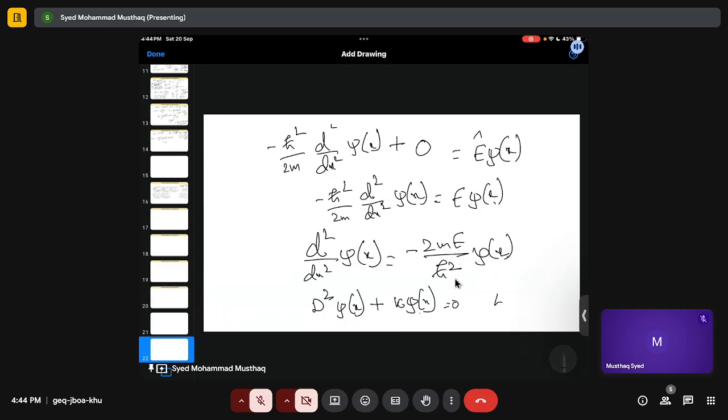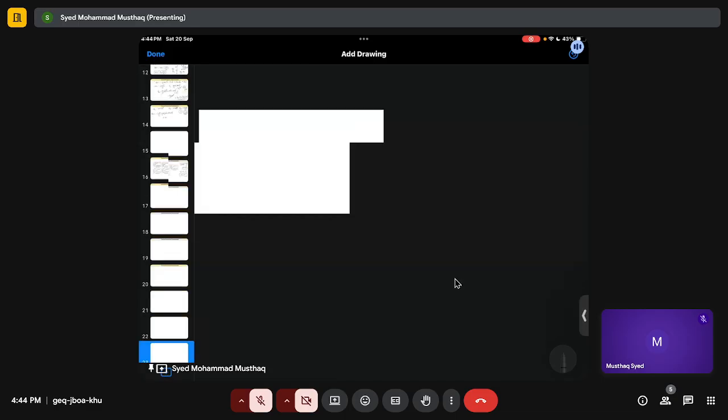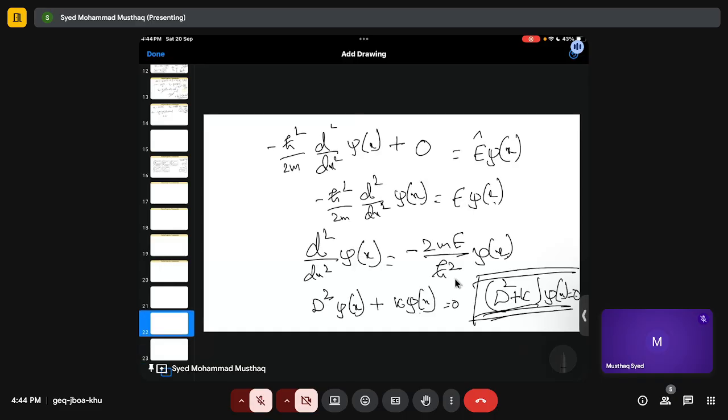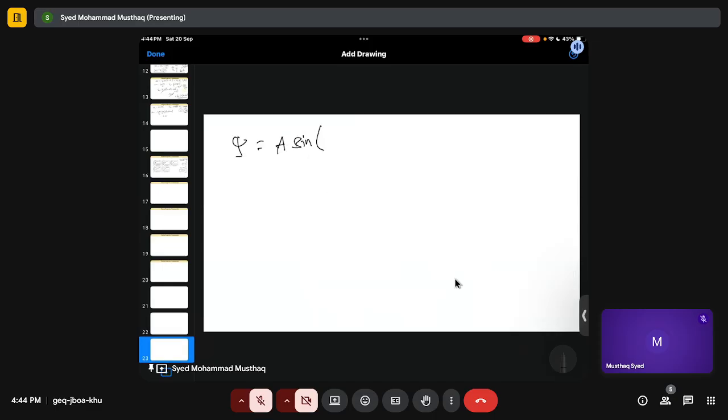So it is d square psi by dx square plus k square psi(x) equals 0. And if I have a differential equation of this type, then my general solution will be A sin kx plus B cos kx.